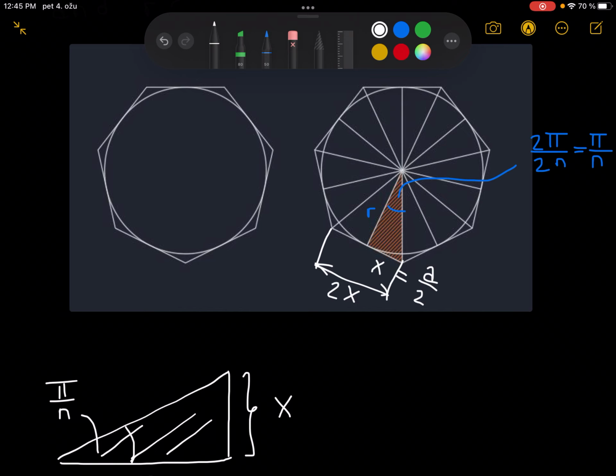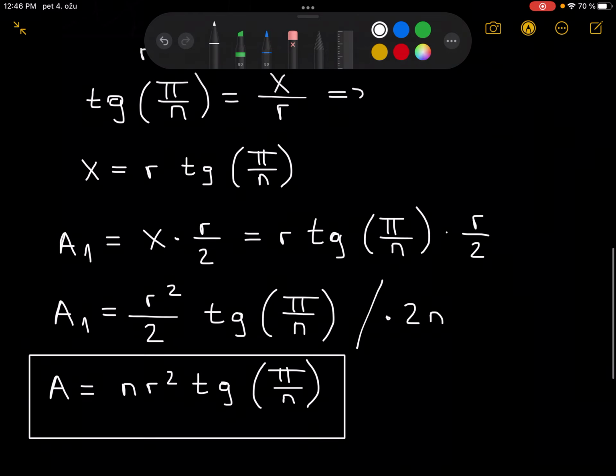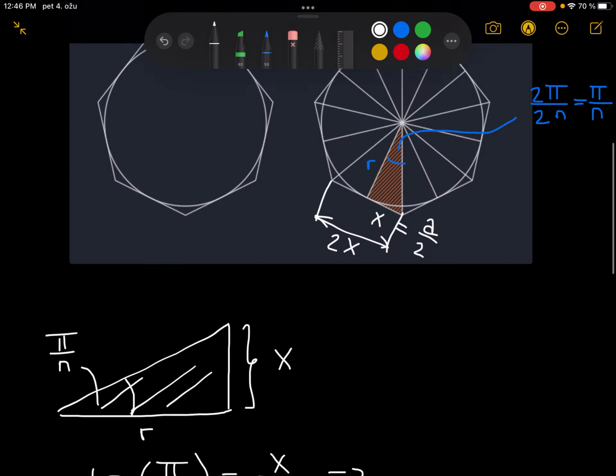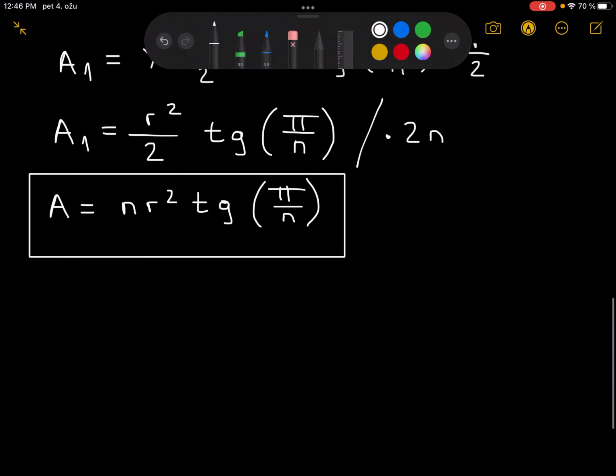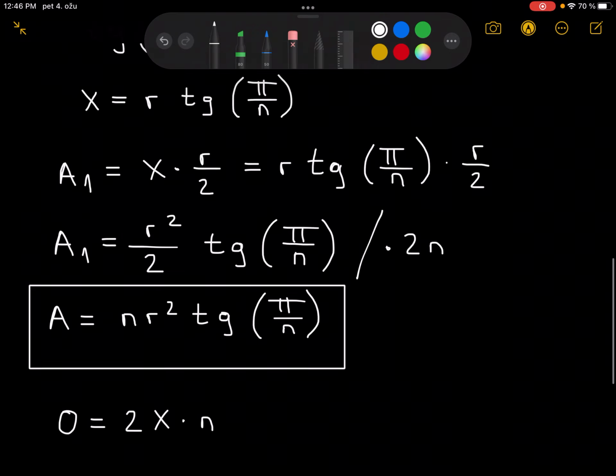Since there are n sides, and this is the length of one of its sides, the circumference of the entire polygon will be equal to 2x times n. Okay, so the circumference, I'm just going to label it as O, must be equal to 2x times n.